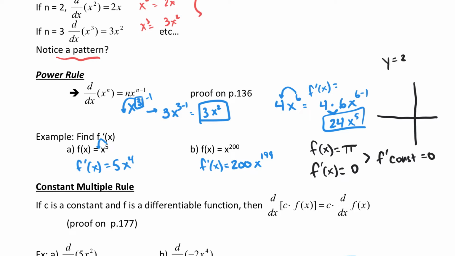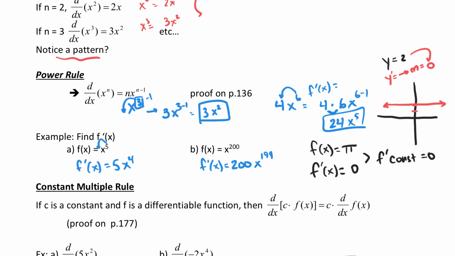At y equals 2, I would get a horizontal line, right? Right there, just like that. Now, if I took the derivative at 2, I'm looking for the slope of this y equals 2 value. Well, what's the slope? 0. So that's why, again, the derivative of a constant is 0, because the slope is 0.